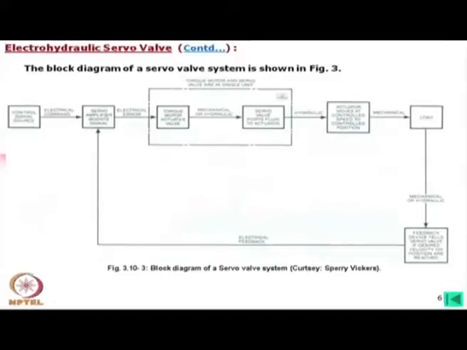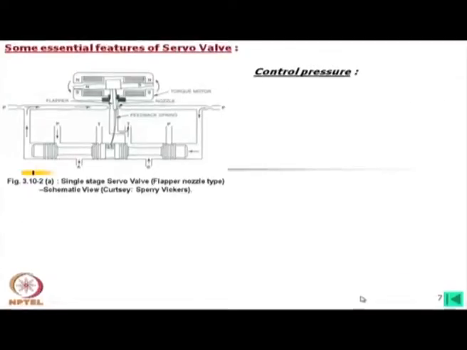Together, you can say these are the torque motor and servo valve. This is available as a single unit. Then we think of the control pressure here. A separate control pressure source is used. That means this source is separate, not the main source.